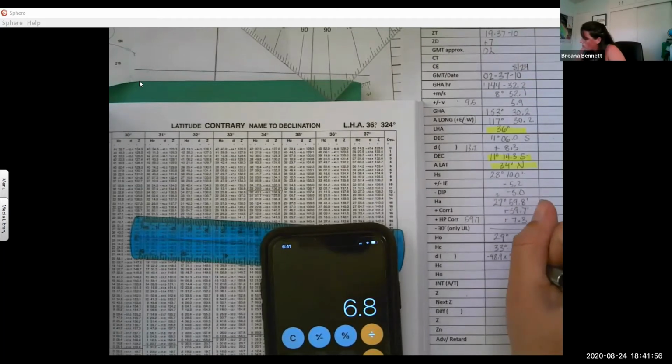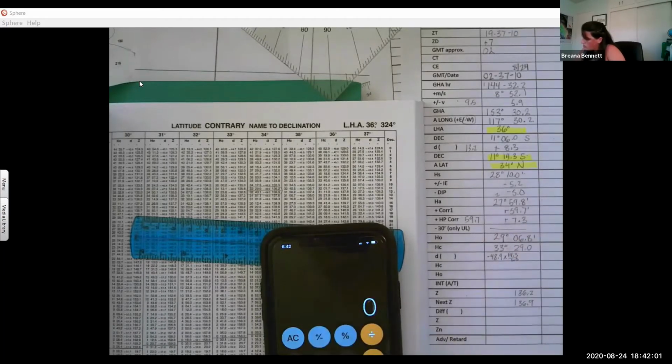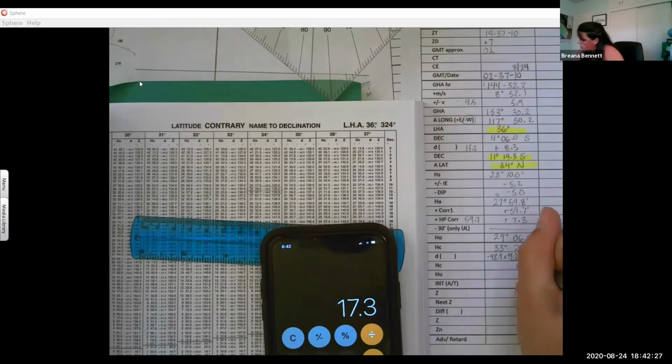So 14.3 divided by 60 gives me that number, times 48.9. I'm going to be subtracting 11.7. So I have 29 minus 11.7 gives me 17.3.